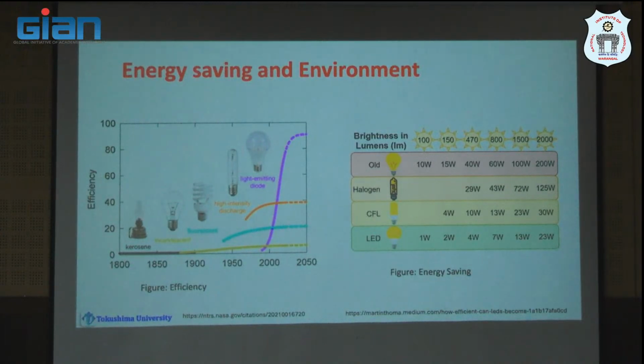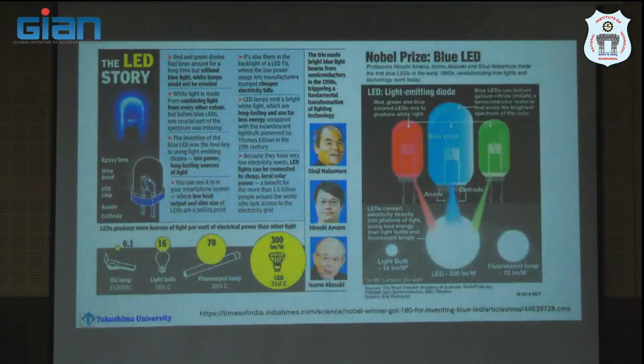That's why now everywhere LED is used. 10 times is lots of energy we can save. So this was their story about LED, and this way they can get the Nobel Prize after making blue LED.